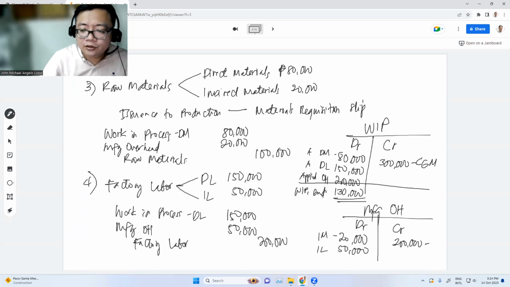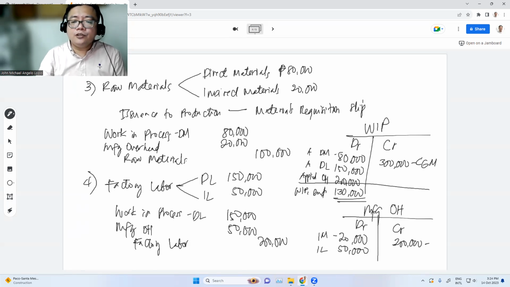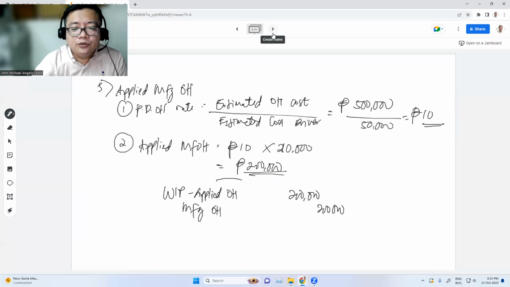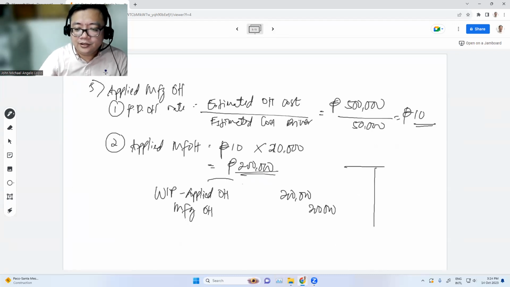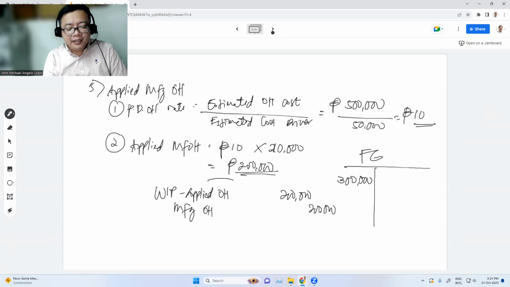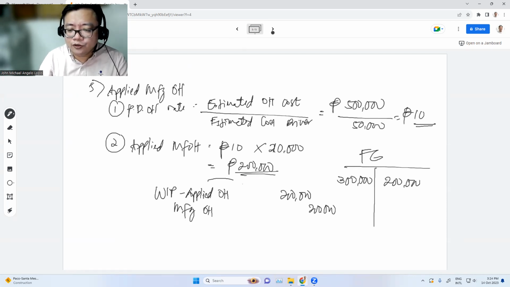So, malamang, yung 300,000 here na cost of goods manufactured mo ay magiging part na siya ng finished goods inventory. Okay, so you have here your finished goods inventory of 300,000. Ibig sabihin na ibenta natin yung 300,000. Out of 300,000, sabihin natin 200,000 is now your cost of goods sold.